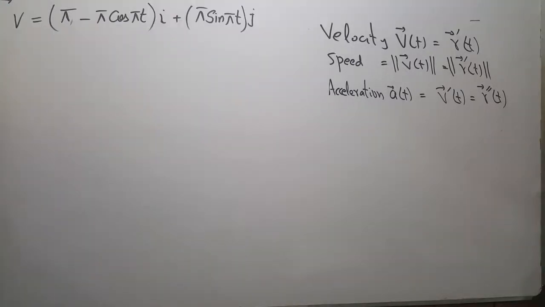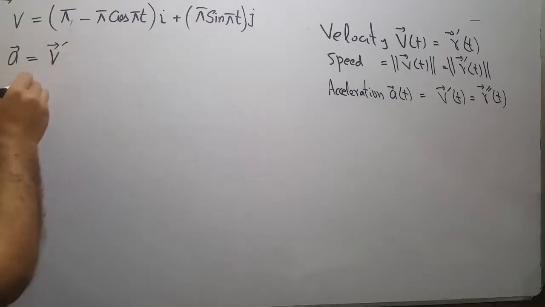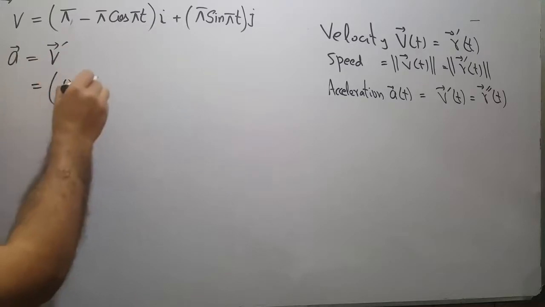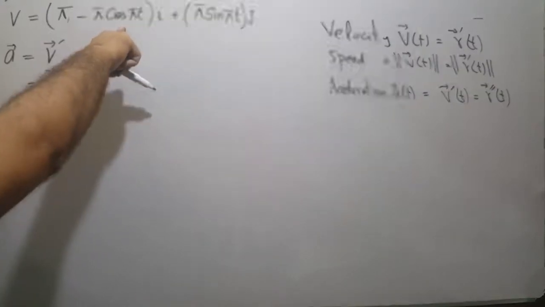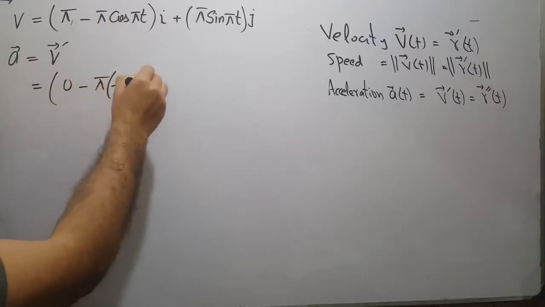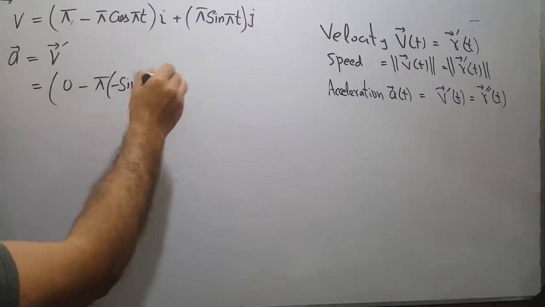Now to find out the acceleration, we have that acceleration is equal to the derivative of v. So we can find out its derivative. The derivative of pi is 0, minus pi times the derivative of cos, which is minus sine pi t, and the derivative of the inside is pi.